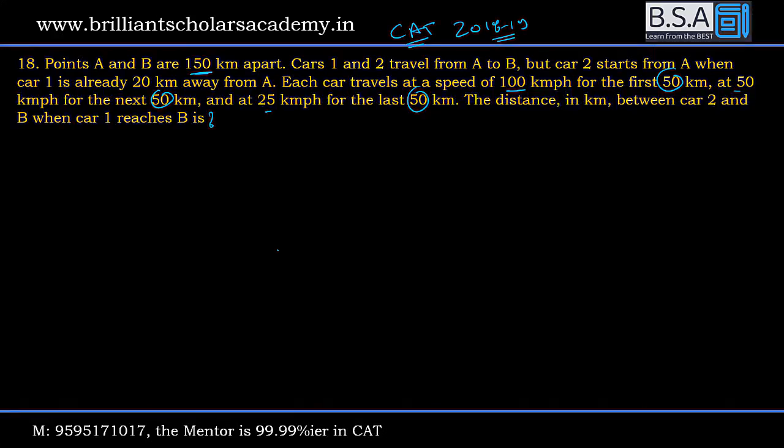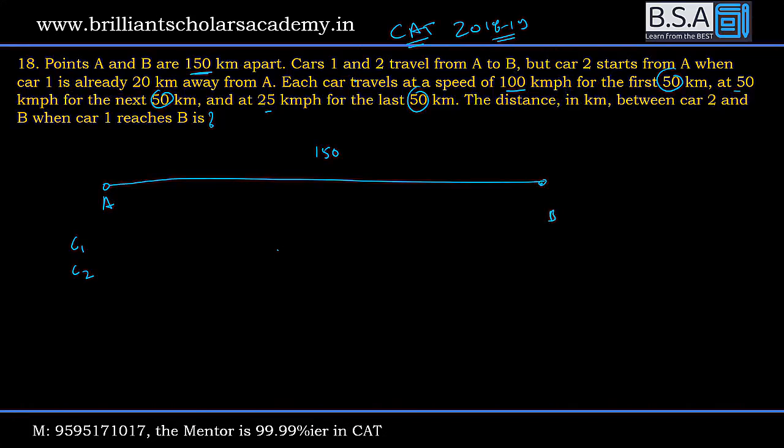First thing that you and I need to do is we need to observe the distance between A and B is 150 kilometers. Both cars are starting from A, but the time of starting is different.